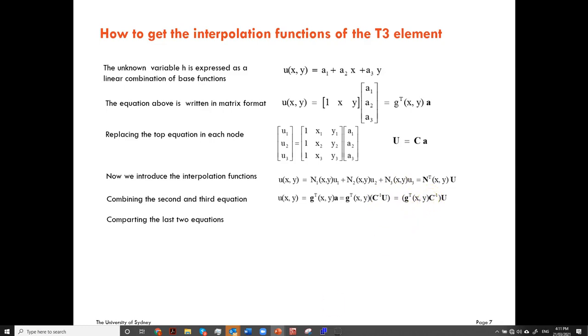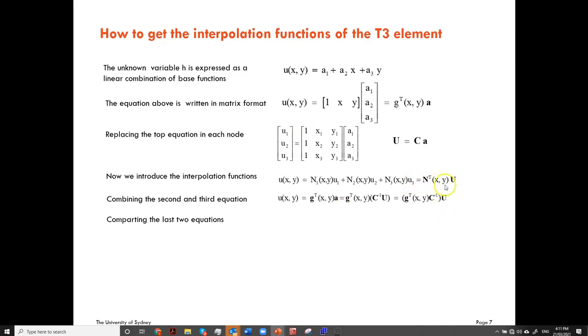Okay. So comparing the last two equations, the second one was obtained from these two, then you can see here we have U, the field displacement in the x direction, and here we have U, this matrix or vector of the nodal displacement in the U directions.